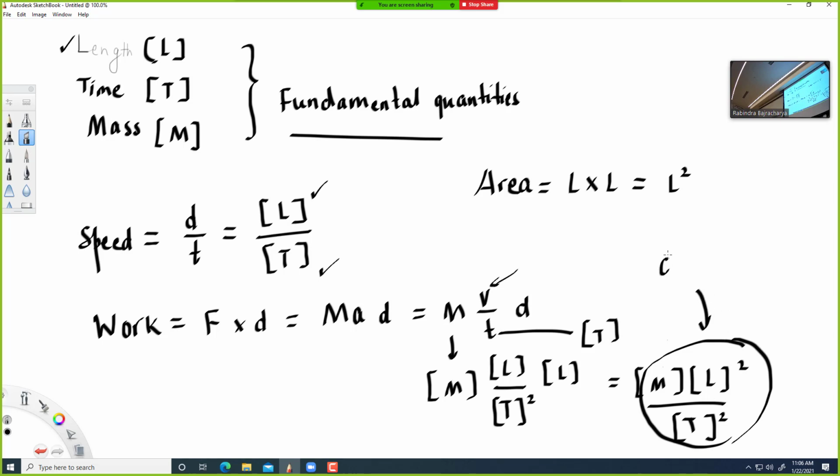Okay? So the number of quantities involved in this: here we have mass, length, and time, so this has 3 dimensions. Likewise, here we have length and time, so this has two dimensions.